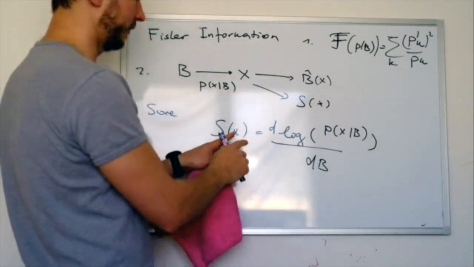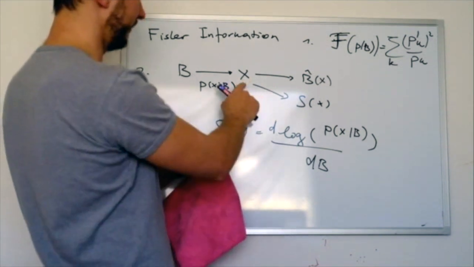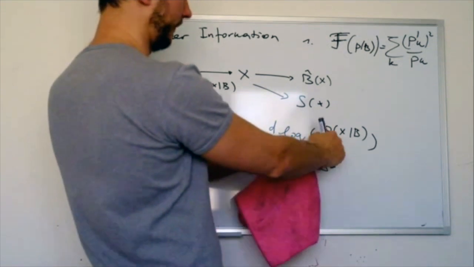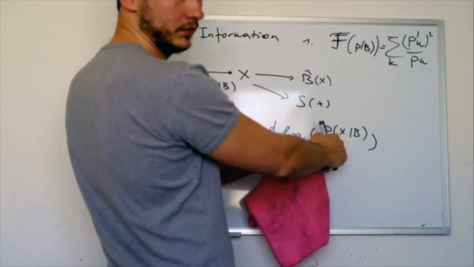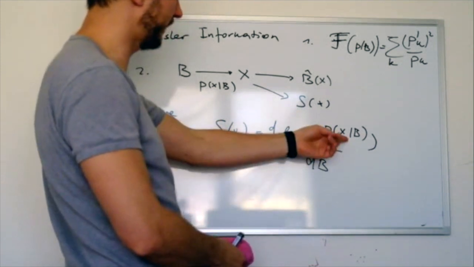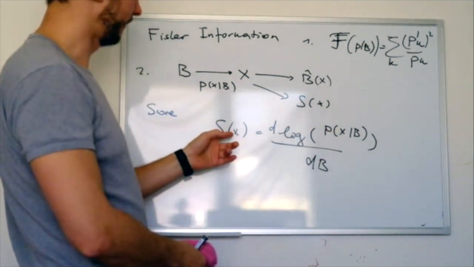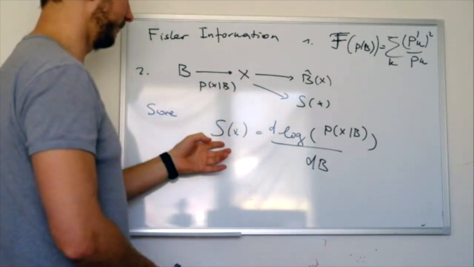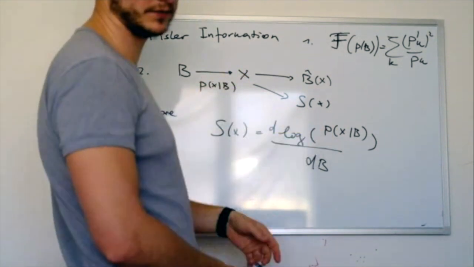Again, this is a random variable. When we observe x, we just compute it. Basically, we know this function p, so we can also compute the derivative and the log. So for a particular measurement outcome, I take x, plug it into this function, and get the value of s.